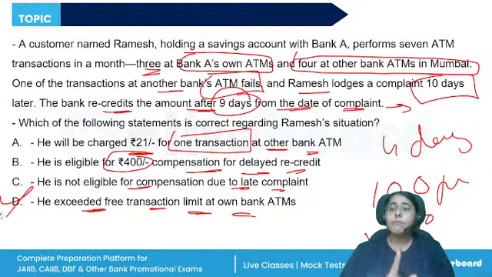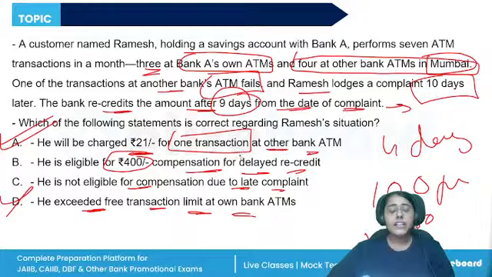The bank must offer a minimum of 3 free transactions in a month, and beyond 3 free transactions, rupees 21 has to be paid by the customer. Mumbai is a metro location, so he will be charged rupees 21 for one transaction at the other bank ATM.